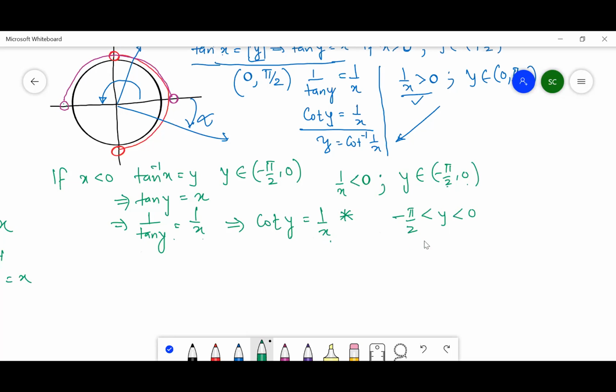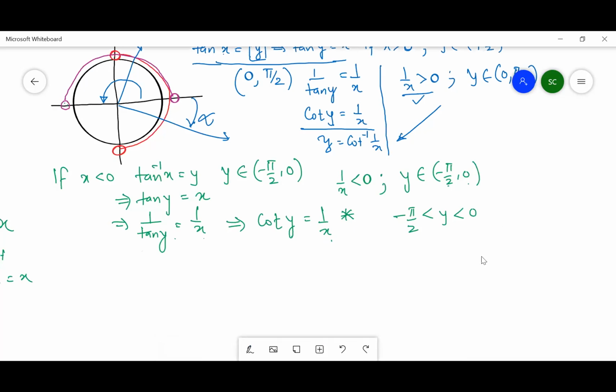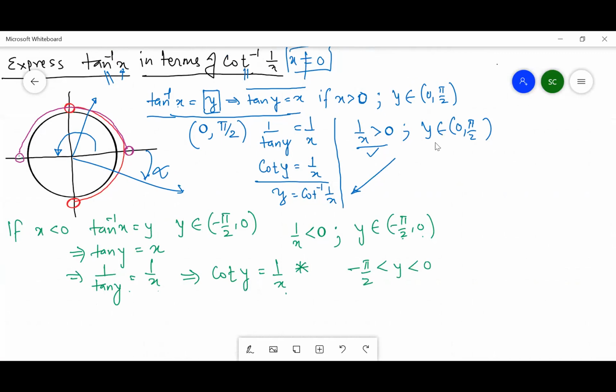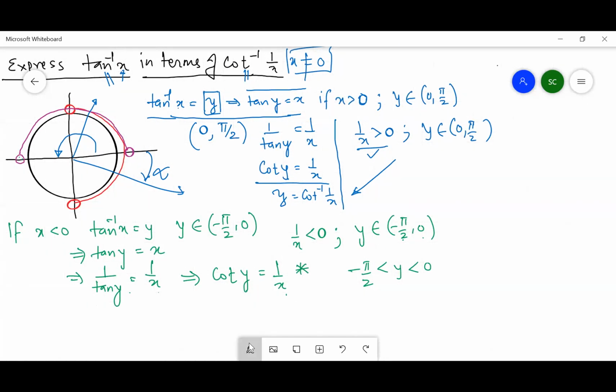So what manipulation in this inequality, if we do, will get us into the range of cot inverse? However, half the range of cot inverse we have already used in this. If you look at this, half the range of cot inverse is 0 to pi by 2.